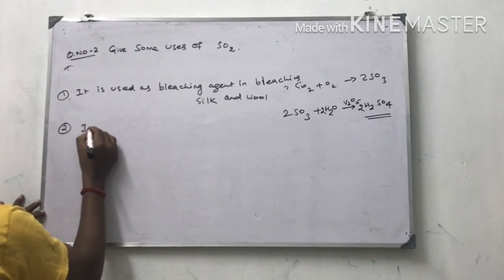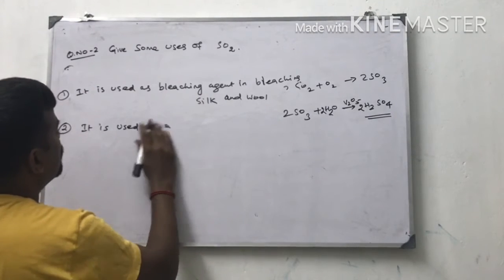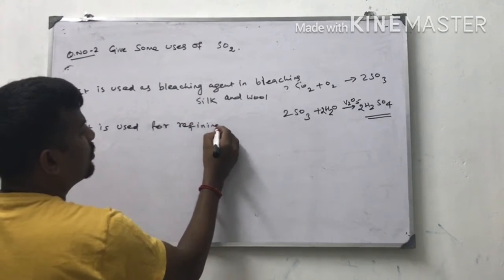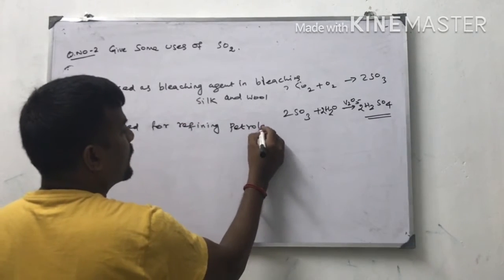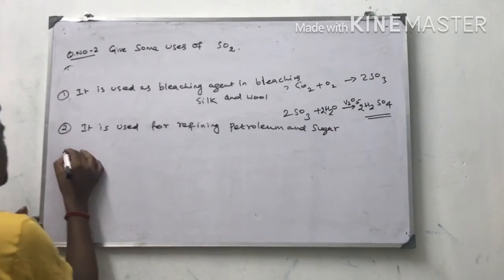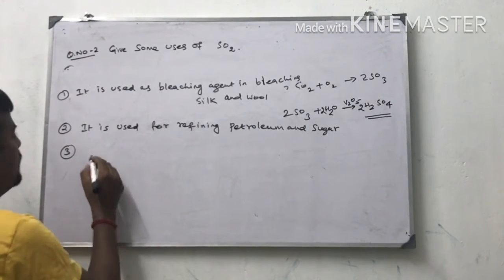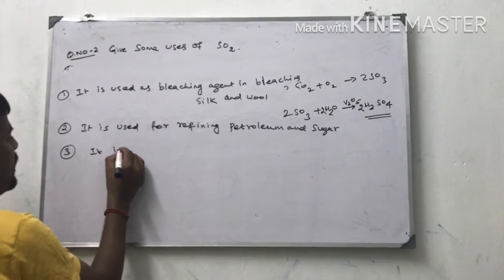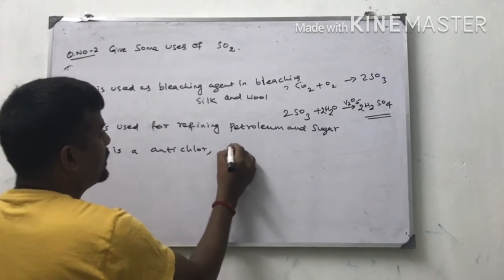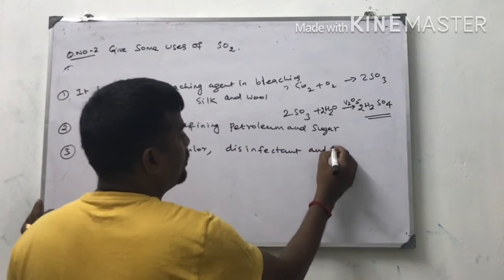Second one, it is used for refining petroleum and sugar, removing coloring matters and solid impurities in sugar. We are using sulfur dioxide. Next one, it is an anti-chlor, disinfectant and preservative.